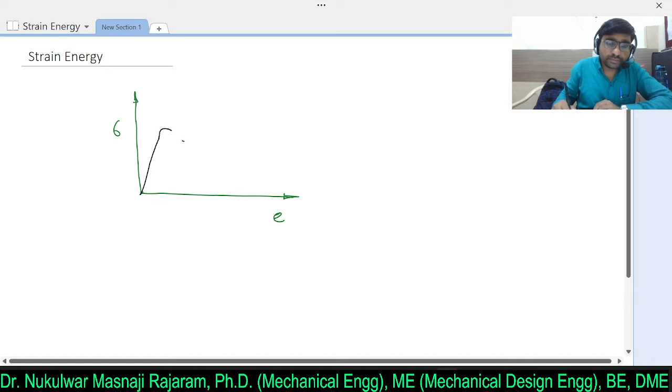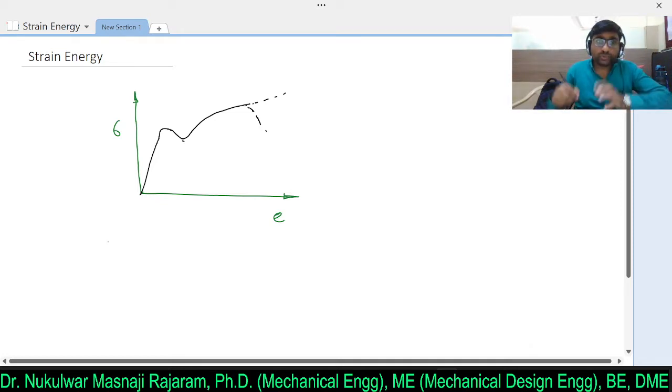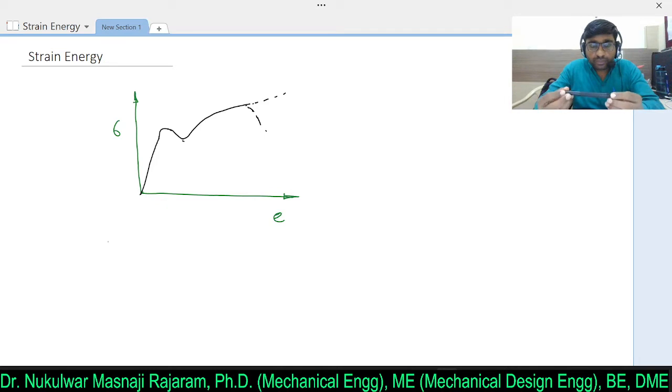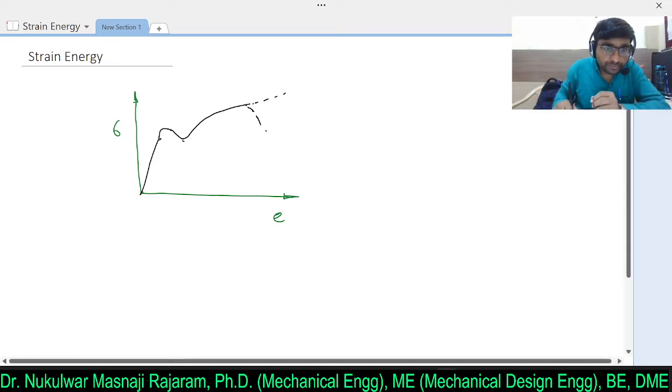It is like this. Clear? The load applied was gradual. Now if I consider up to the elastic limit, let's say this is the first point.